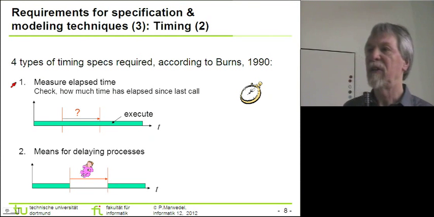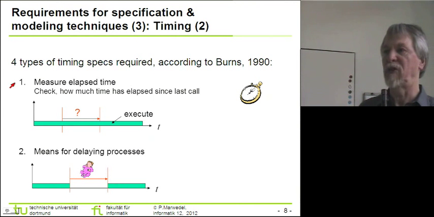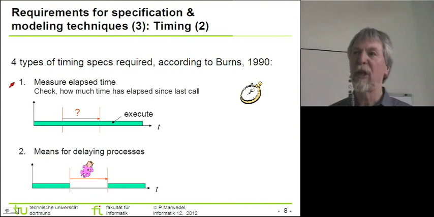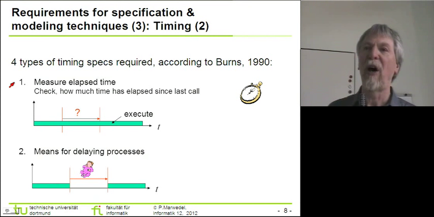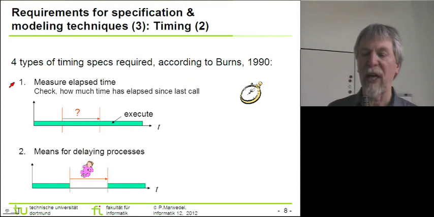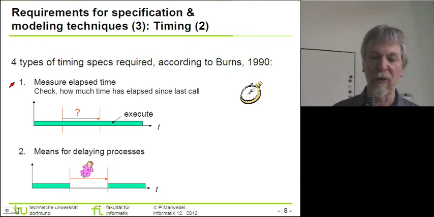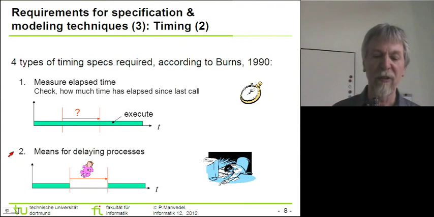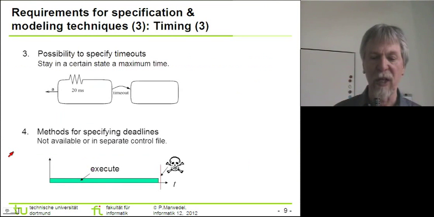That corresponds to a stopwatch. So whenever we run software, we would possibly like to know how much time has elapsed. So in our software, we would like to have the corresponding feature to a stopwatch. The second purpose is a means to delay processes or put processes asleep for some time, and we would like to be able to specify that amount of time.